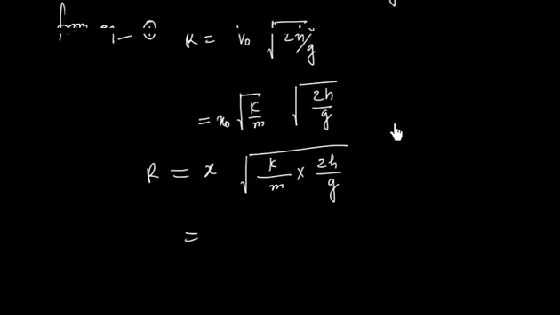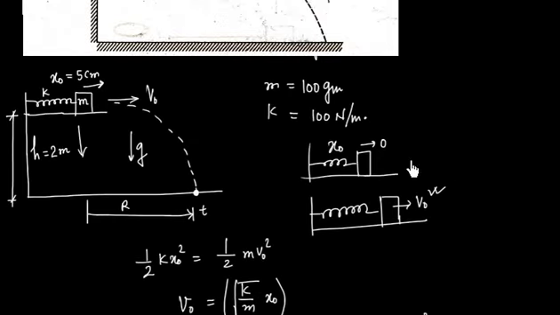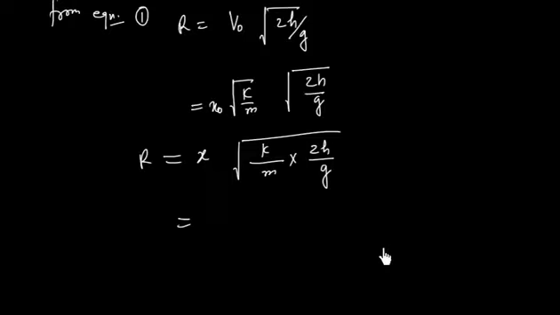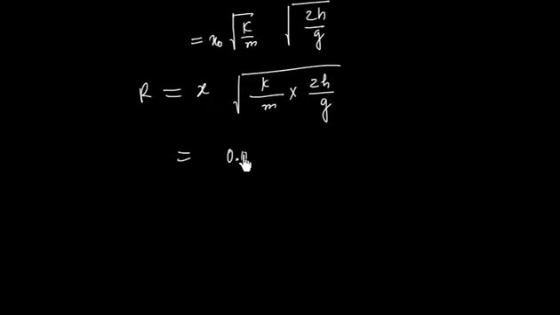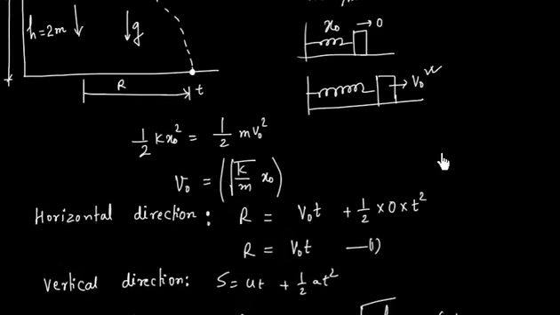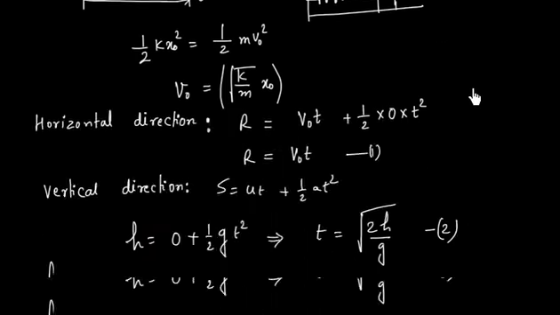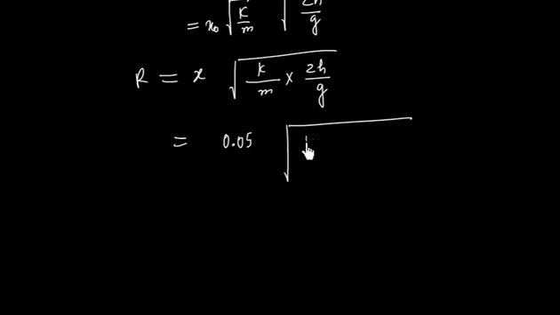Now all values are given. x naught is 5 centimeter, that is 0.05 meter. Spring constant k is also given, that is 100. Mass is 100 gram, that is 0.1 kg. Height is 2 meter and g let us take 10.